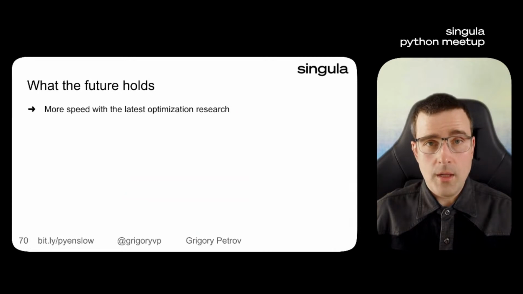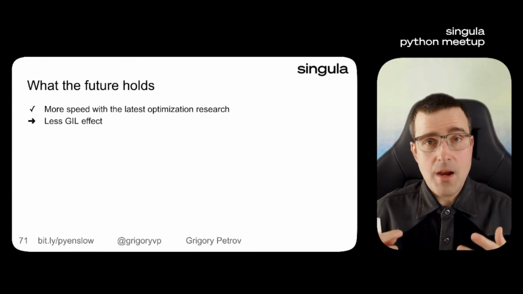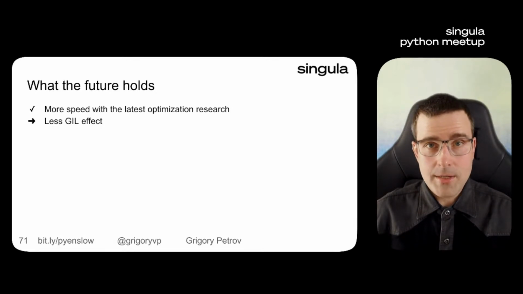What does the future hold for our beloved language? First of all, lots of research is being made right now regarding the language speed. For the sake of machine learning, we are fighting with the global interpreter lock, so many Python threads can concurrently access gigabytes of data stored in memory in one process, and there are two projects to tackle that.